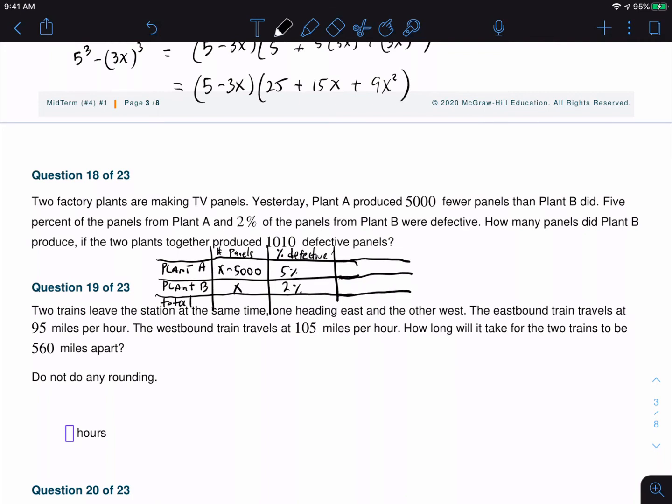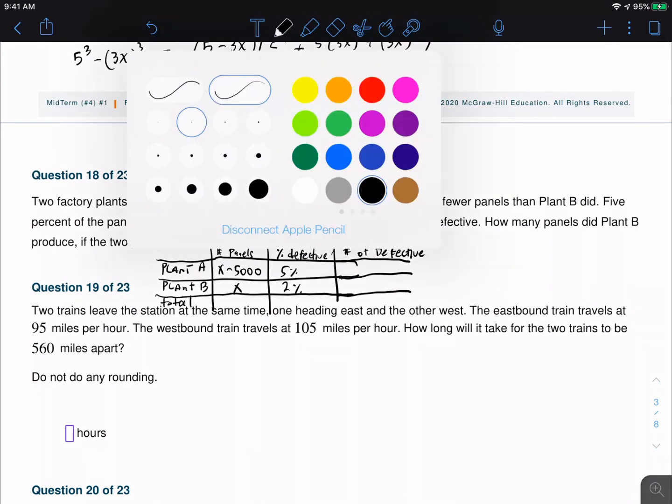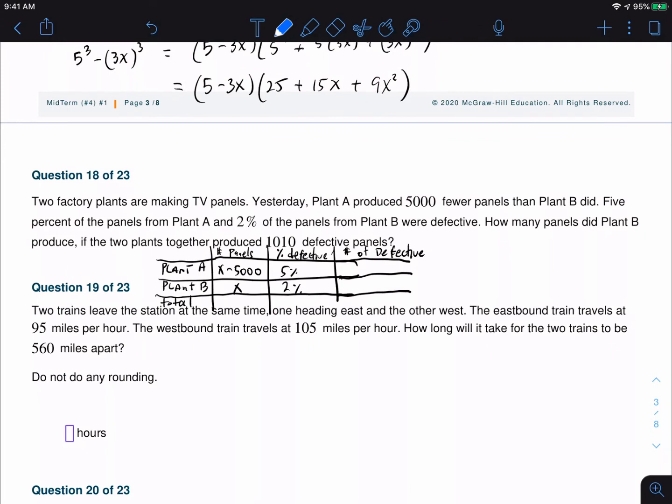Now, this last one is going to be the number of defective panels. So the number of defective panels is going to be those two multiplied, the number of panels and then the percent of defective panels. And I'll do it in a different color so it kind of shines. So 5% is the same as 0.05, and then times x minus 5,000.